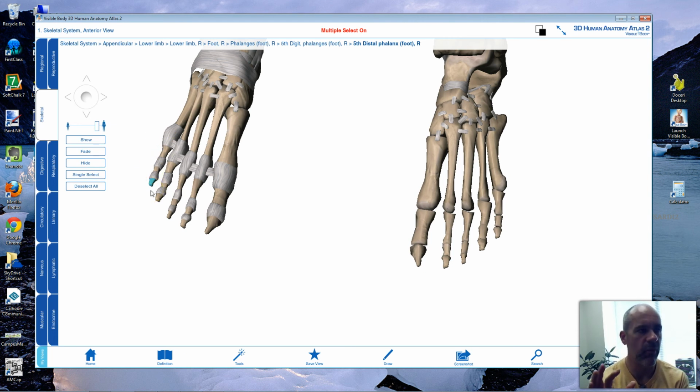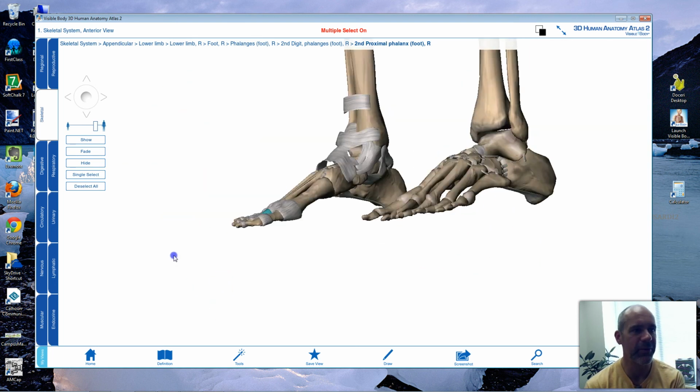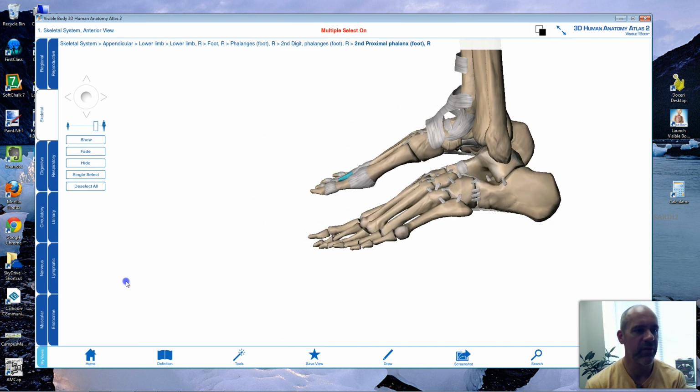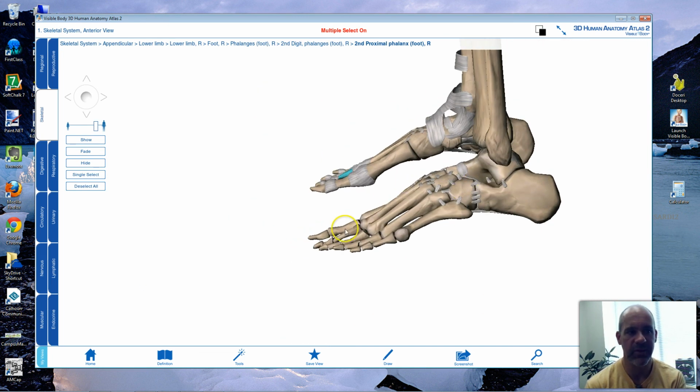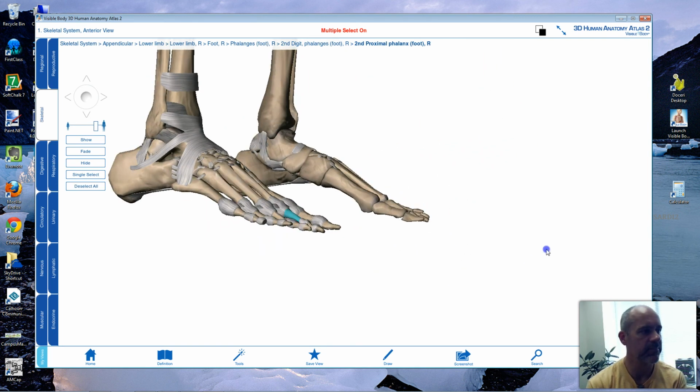So it's going to be the right fifth distal phalanx. This one would be the right second proximal phalanx. So those are not too hard as long as you keep your left and your right straight. Just remember that the foot has an arch in it, curves like that. That can help you orient a foot and figure out whether it's a left or a right foot.